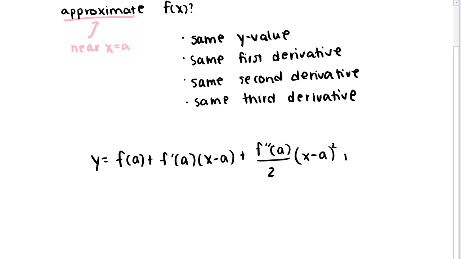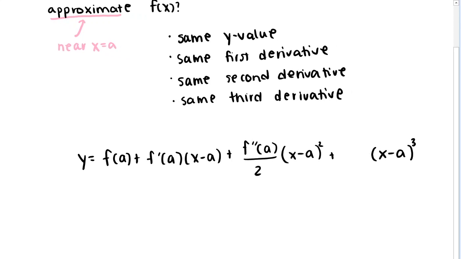And so what would we expect here to be the coefficient of x minus a cubed, so that we end up with the same third derivative? Right, so here we're going to have f triple prime of a. But what should we divide by? So not 3 actually, but we should divide by 3 times 2. Right?